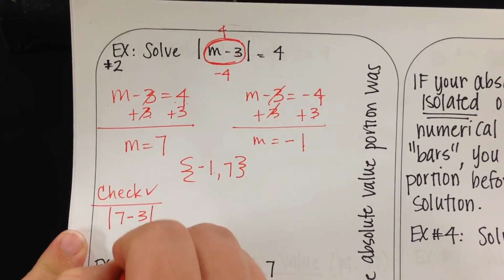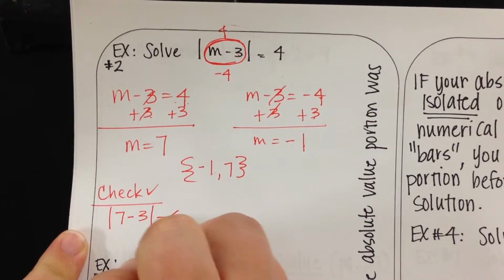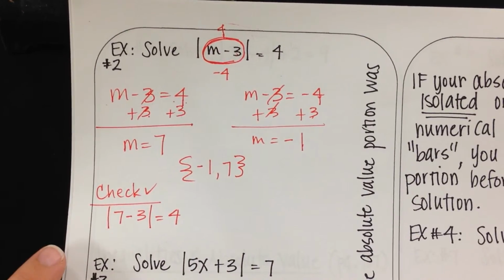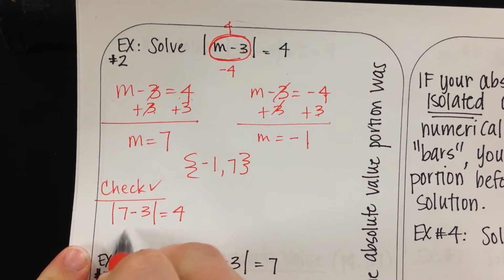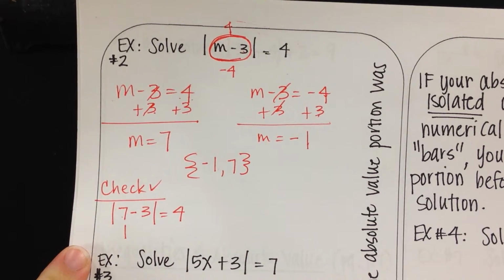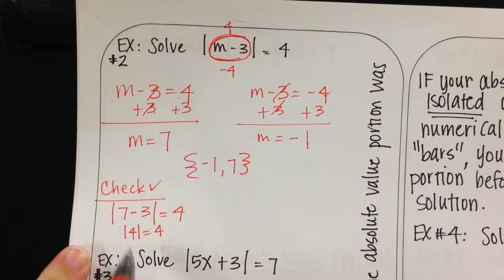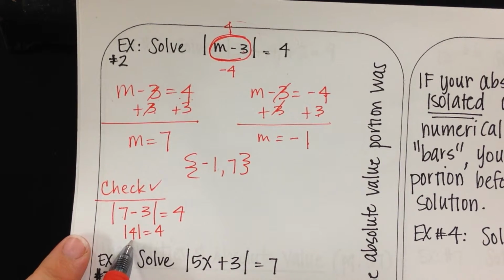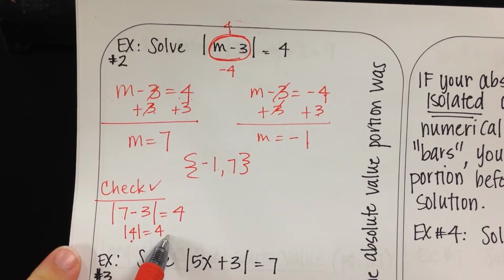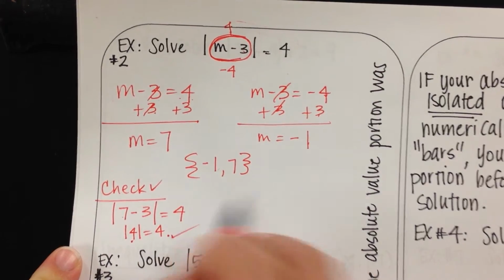So the absolute value of 7 minus 3 equals positive 4. And what you're going to do is simplify this straight down. What is 7 minus 3? 4, right? Does the absolute value of 4 equal positive 4? Is that a true statement? Yeah. So that one's good.